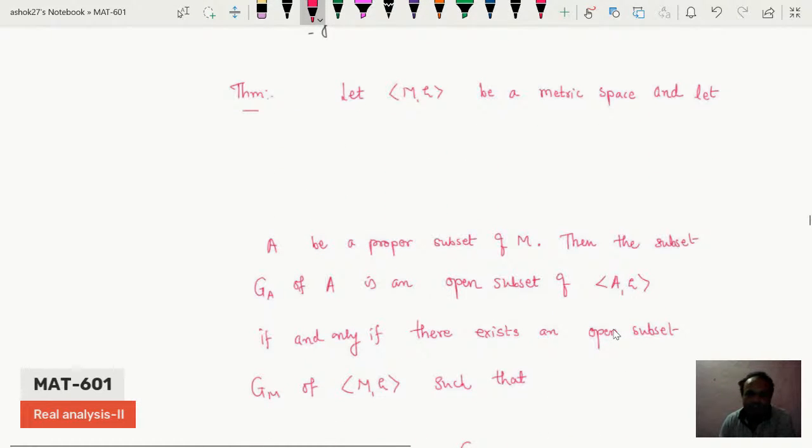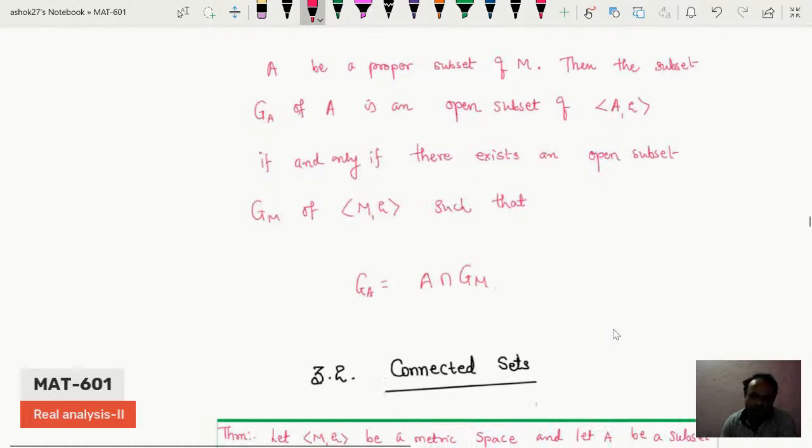So there is one result, a theorem. Let (M, rho) be a metric space and let A be any proper subset of M. Then a subset G_A of A is an open subset of (A, rho) if and only if there exists an open subset G_M of (M, rho) such that we can write G_A as A intersection G_M. So if G_A is written in this form, then naturally it will be open in A, and if G_A is open in A, then naturally it can be written in this form.